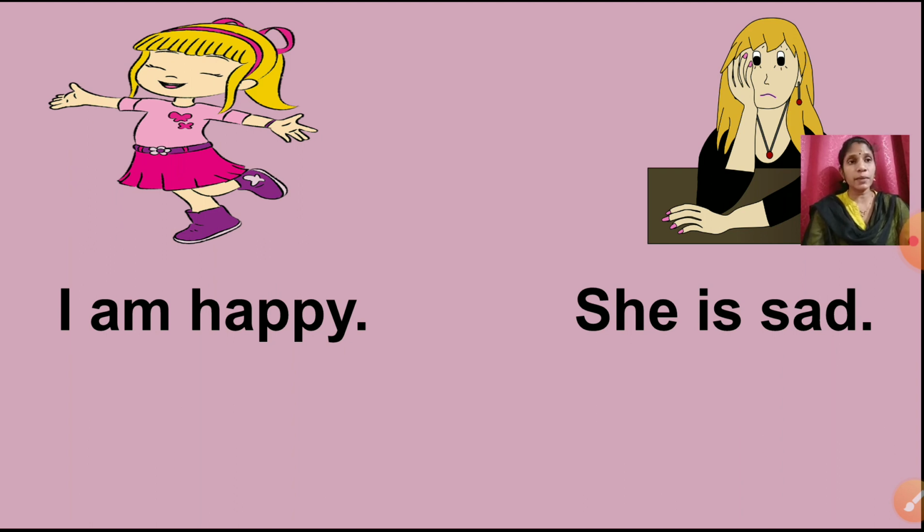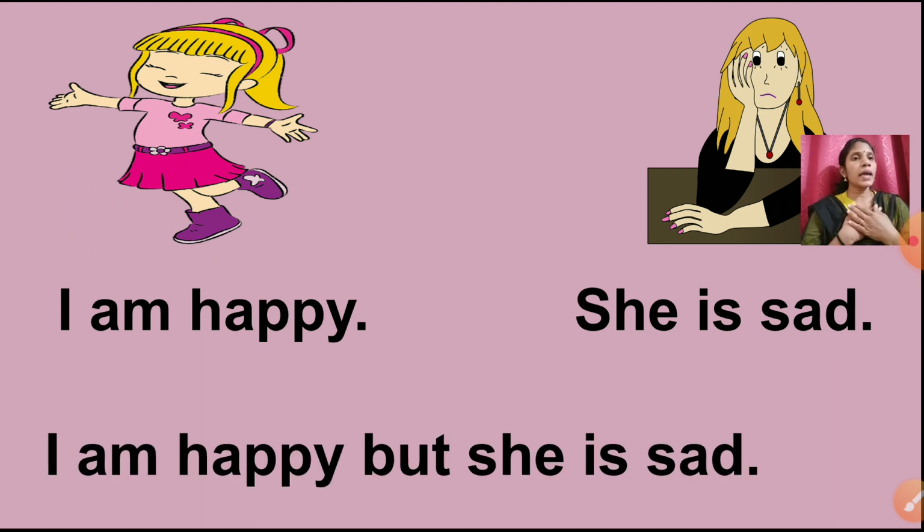They are not the same, and their ideas are also opposite. One is happy and the other is sad. So here we are going to use but. That is, I am happy but she is sad. What will you say? I am happy but she is sad.